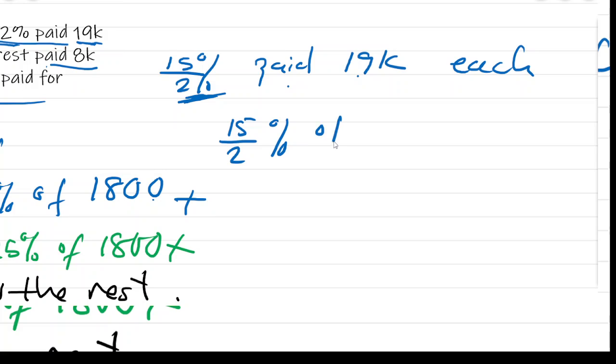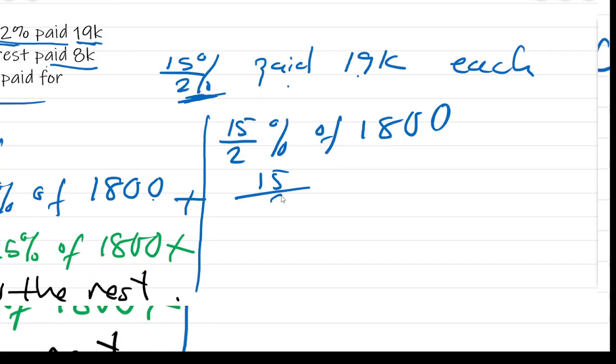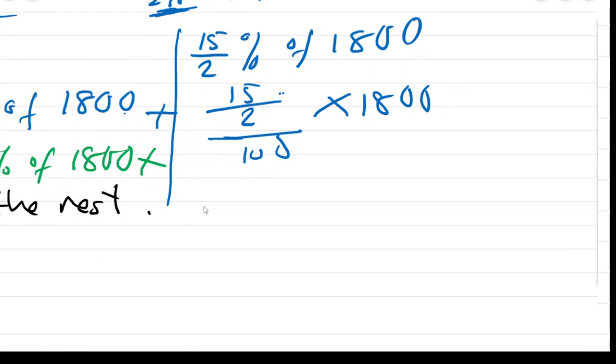So 15/2% of 1,800 actually equals 15/2 divided by 100, times 1,800. This is 15/200.